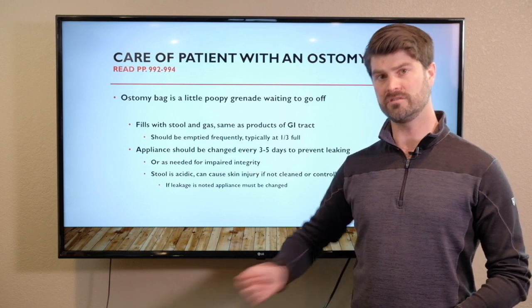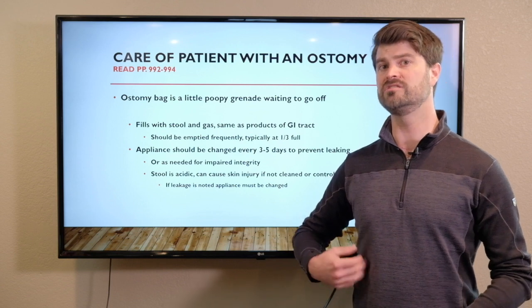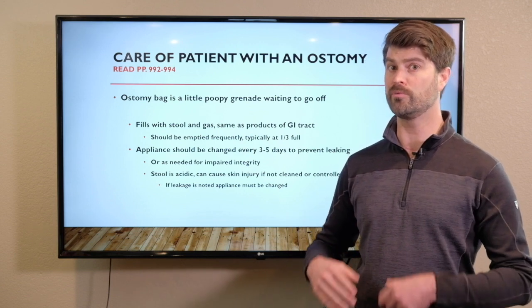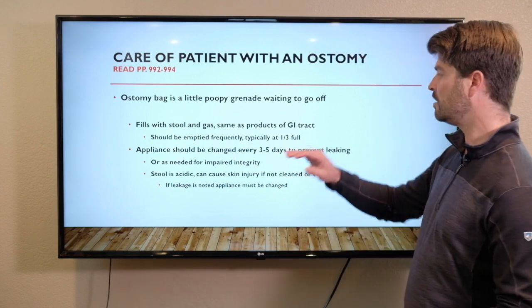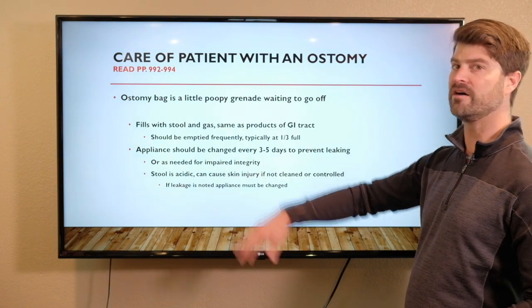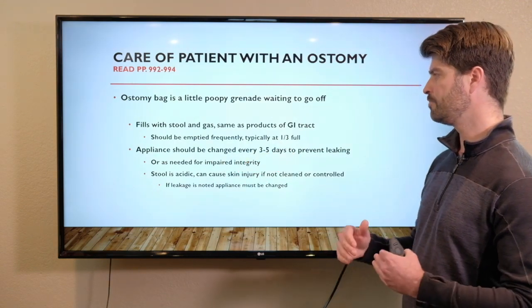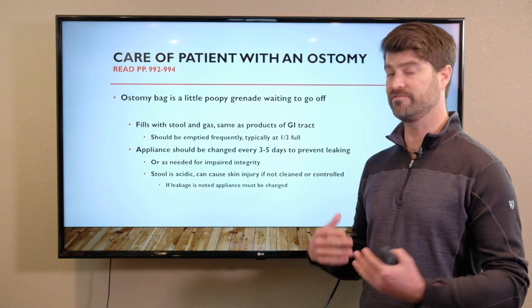If we're constantly peeling it off and putting a new one back on, we're going to damage the skin tissue around that stoma, and we don't want to do that. We want to keep that skin as healthy as possible, meaning don't tear tape off of it as much as you can. So we really do want to promote the life of that appliance for as long as possible.